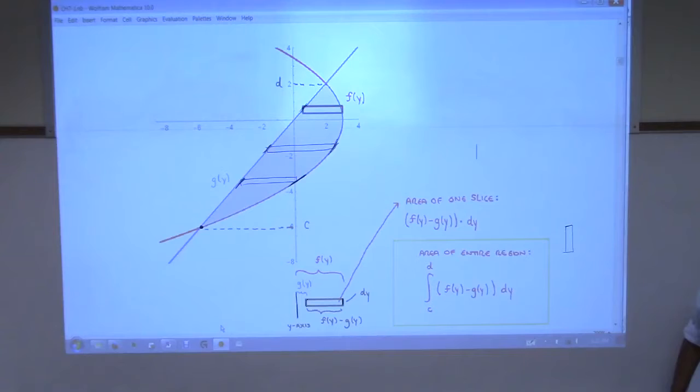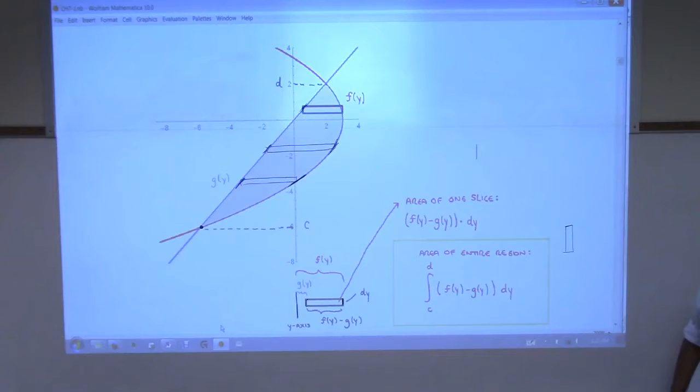How about the distance from the x-axis to here? Well, that's controlled by the bottom. And the bottom function is the red one, right? So there's your g. So the distance from here to here should be the difference between f and g. Just simple arithmetic, right? So I know that the height of this rectangle will always be the difference between f and g. F take away g, right?